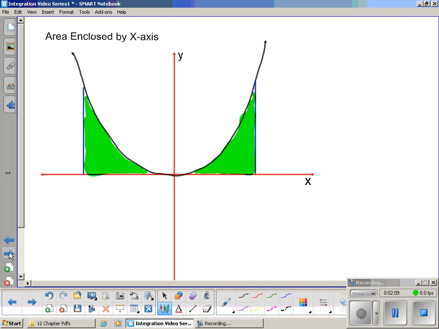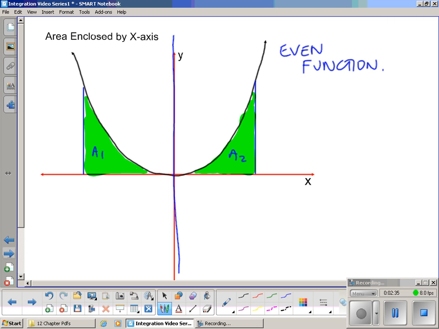Okay, here we have what we call an even function. We learned about even functions in the preliminary course. Part of an even function is that it's symmetrical about the y-axis here. So this area here, area 1, will equal this area over here, area 2.